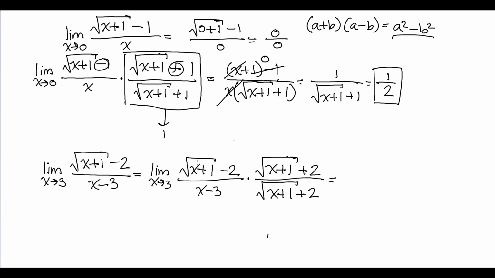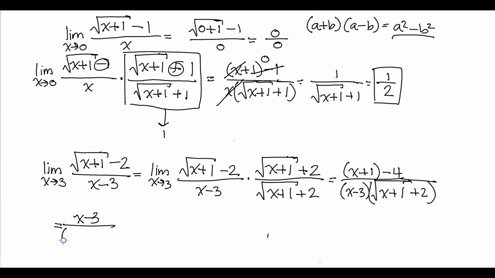We have a minus b times a plus b in the top, which simplifies to x plus 1 minus 2 squared, which is 4, over, now it's going to be quite messy in the bottom, x minus 3 times the square root of x plus 1 plus 2. However, the good news is it cancels: x plus 1 minus 4 is x minus 3, over x minus 3 times the square root of x plus 1 plus 2, which means these two cancel.